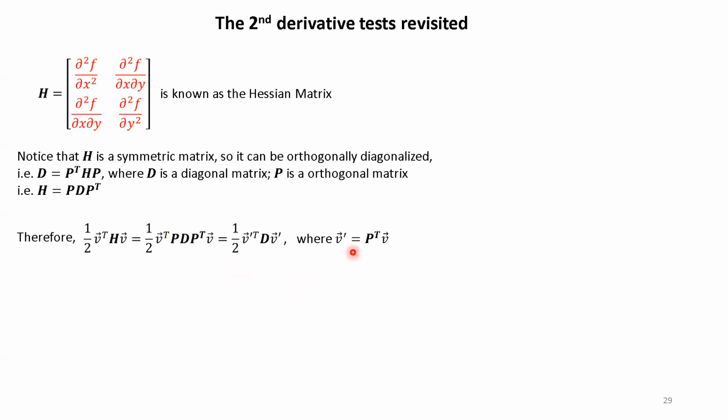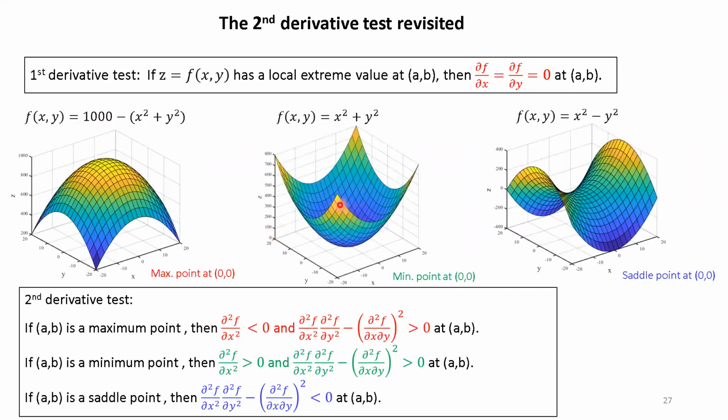Here I define this V prime as P transpose V. So from here, where I have this non-diagonal matrix, to here, which is a diagonal matrix, what you're doing is essentially rotating this curved surface on the XY plane.